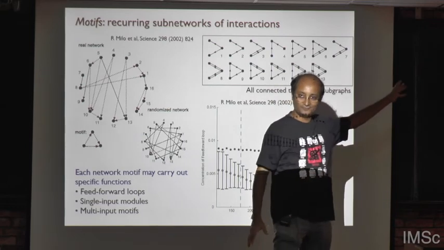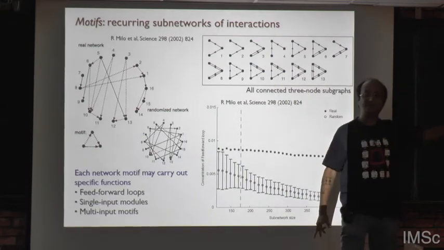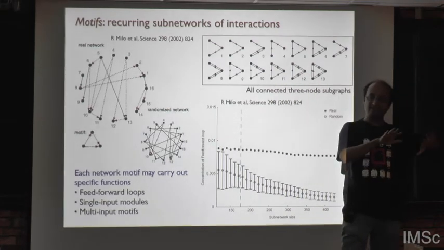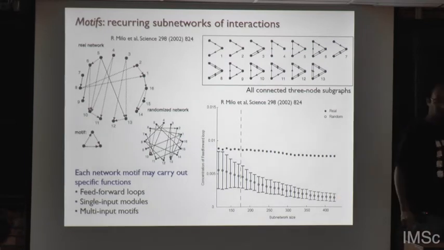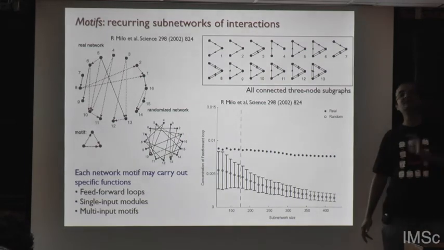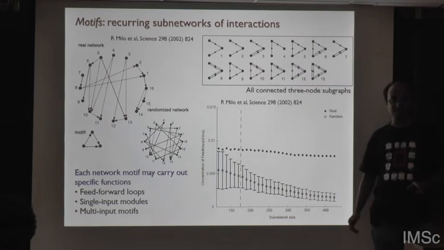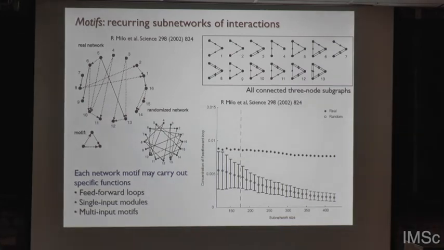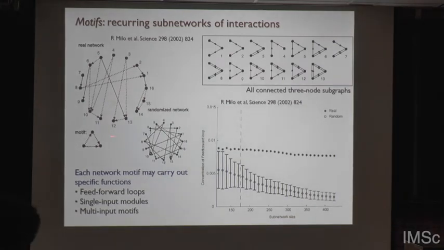one way you can find out is basically to construct such randomized networks which preserve the degree sequence, and then comparing the properties of such randomized networks with the network that you are interested in. Okay? And that is precisely what Alon did. So he said that, look, I construct many such randomized networks starting from my original network, and then I start counting how many of these 3 node subgraphs are there in these randomized networks compared to the actual count of the 3 node subgraphs in the empirical network.